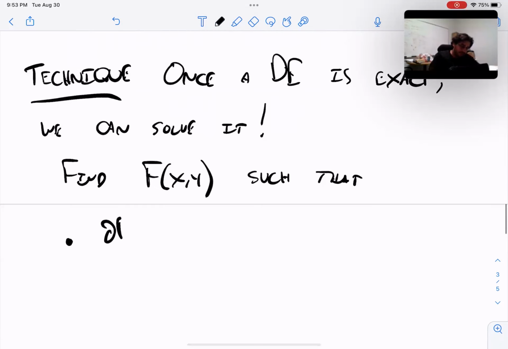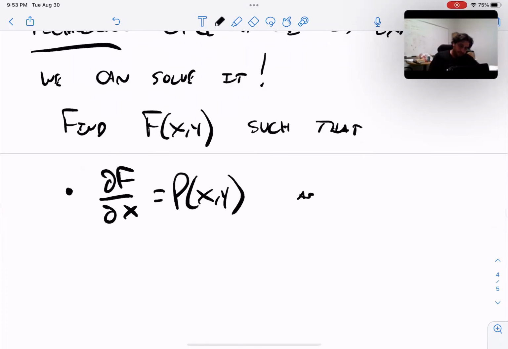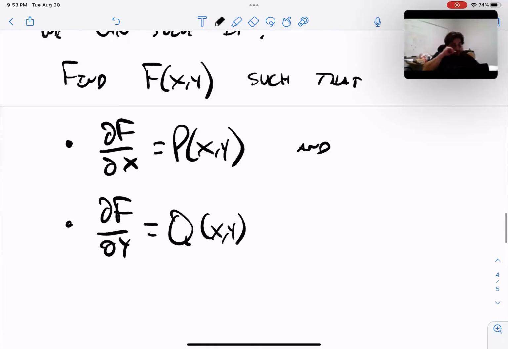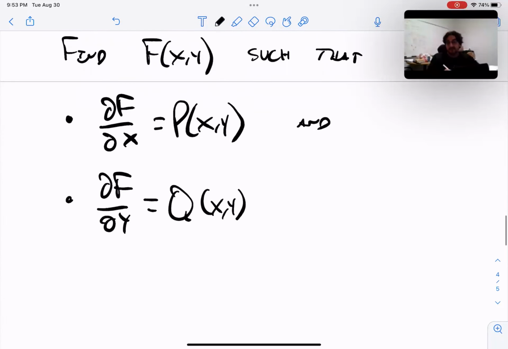You want df/dx to equal P, and df/dy, you want that to equal Q. So just find f such that both of those conditions are true simultaneously.